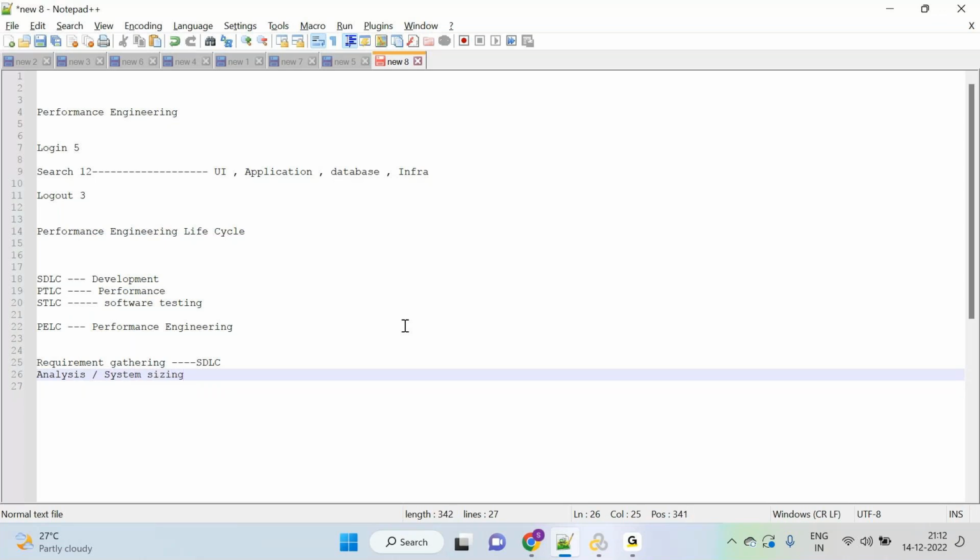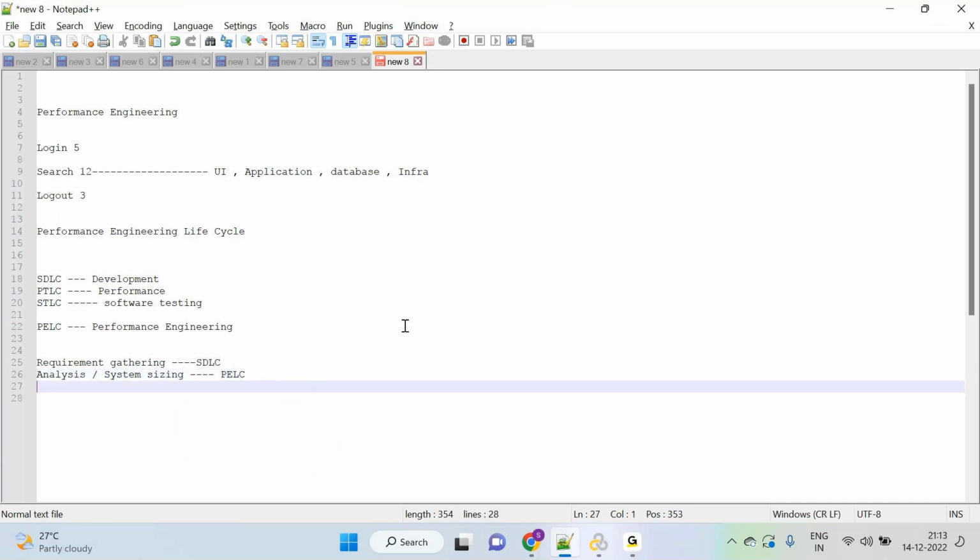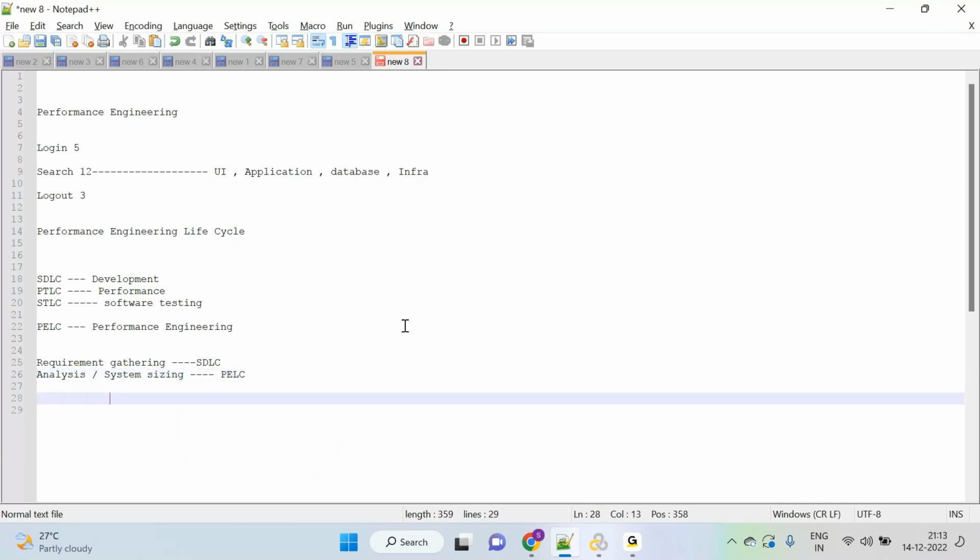Okay, so this is in the PELC, performance engineering life cycle also. They are also analyzing the requirement and they are also planning to do some kind of system sizing. So, what are all the things usually they will think about during this time period?